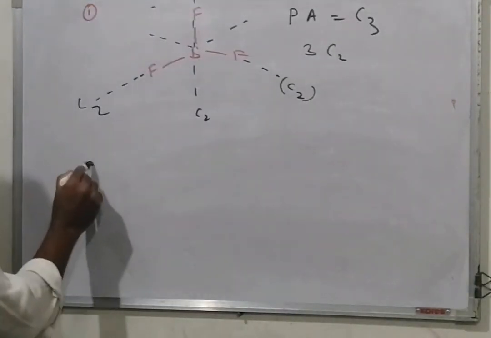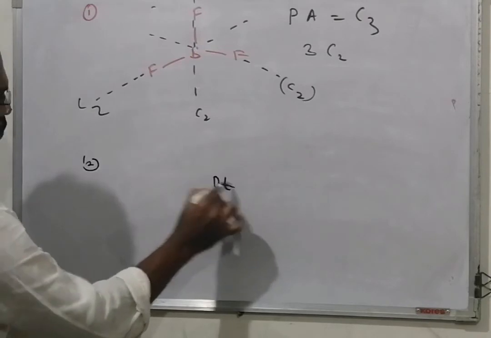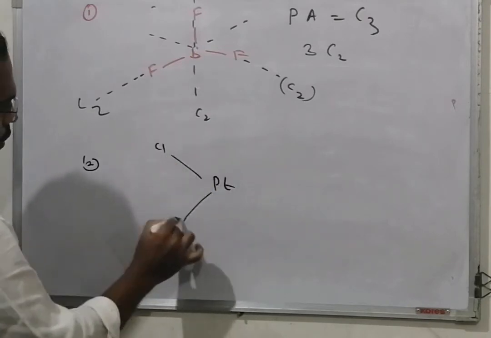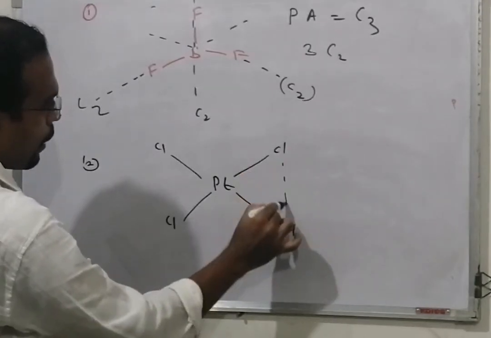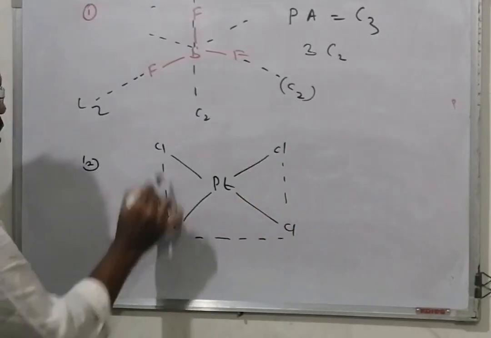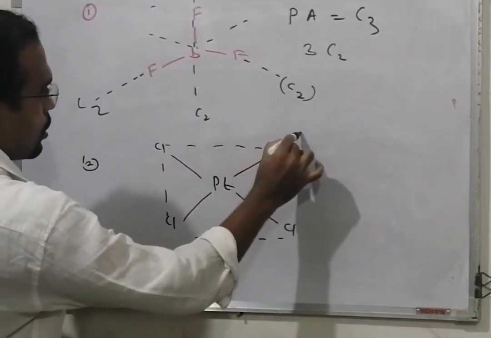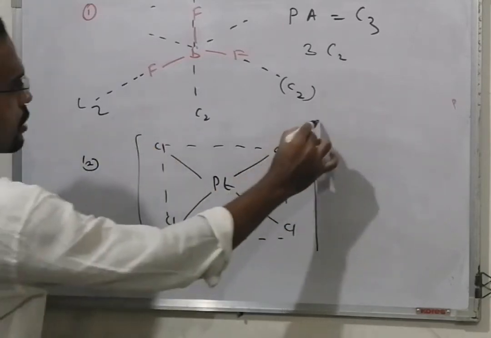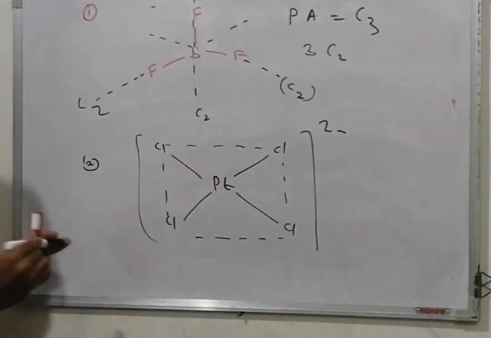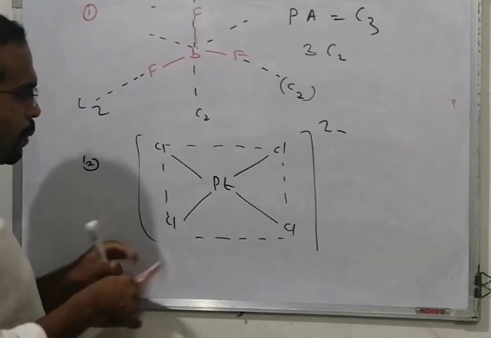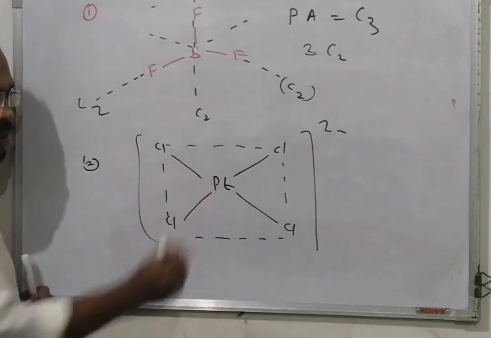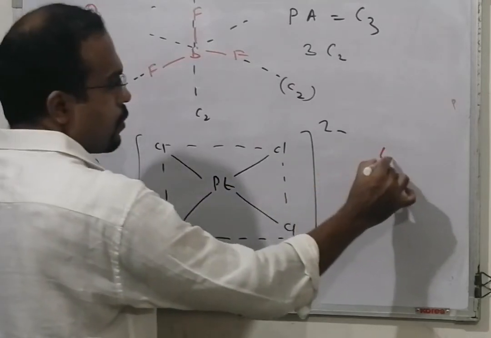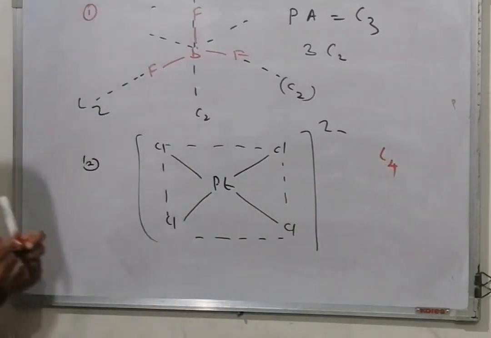Another example, second example, PtCl4 2 minus. This is square planar geometry. You have a principal axis, C4, crossing the platinum. C4, okay? Principal axis.